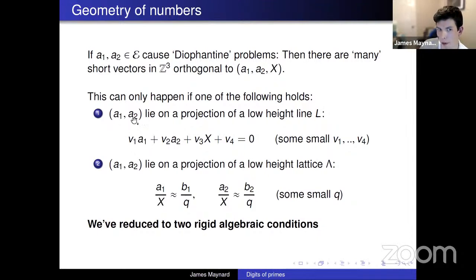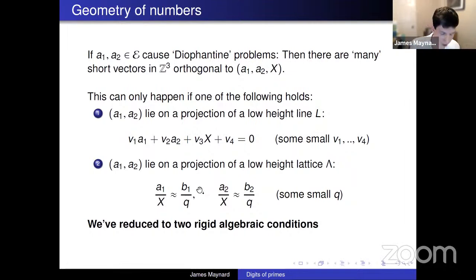Either your pair of Fourier frequencies lie on the projection of some low height line, which means that there exist some small integers v1, v2, v3, v4, such that this linear equation is satisfied, or your pair A1, A2 lies on the projection of some low height lattice lambda. And in arithmetic terms, this means that the Fourier frequencies A1 and A2 have some simultaneous Diophantine approximation.